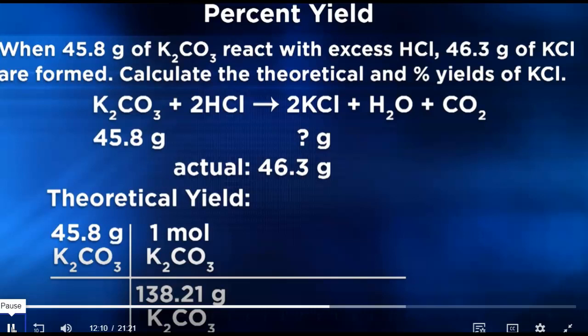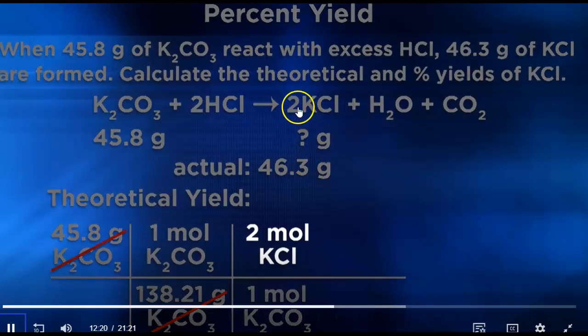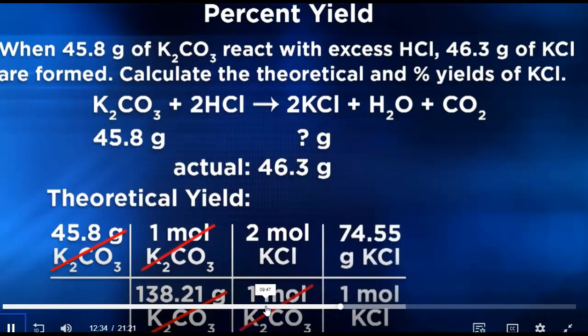Now, since we've converted to moles of potassium carbonate, we can use the mole ratios from the balanced equation to convert to moles of the desired substance, in this case, potassium chloride. Next, since we need to solve for the theoretical yield of potassium chloride, we would convert from moles of potassium chloride to grams of potassium chloride by bringing down our unit of moles of potassium chloride.